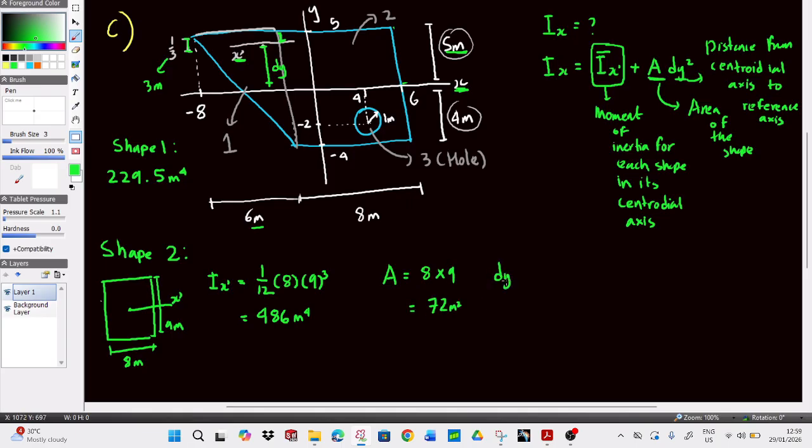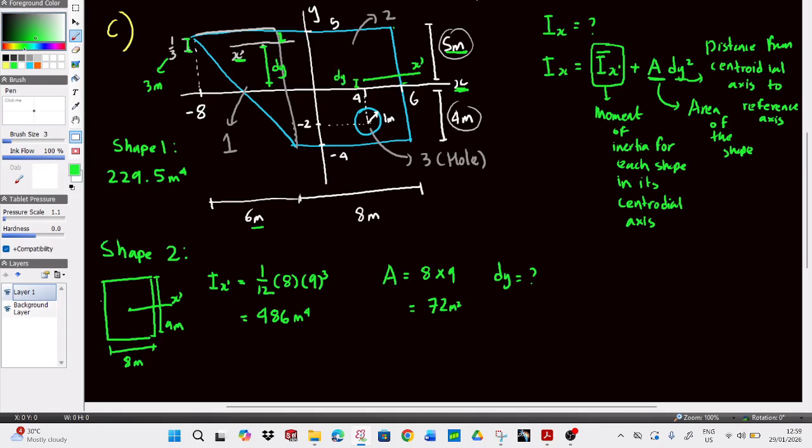How about your dy? What is your dy? Your dy again is the distance from the reference x-axis, so it's here, but just slightly above. This is your x prime to the rectangle, and this is basically your dy for shape 2.